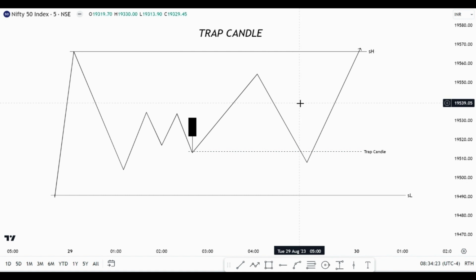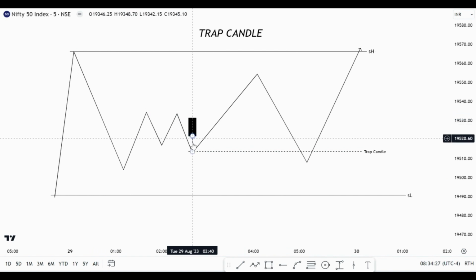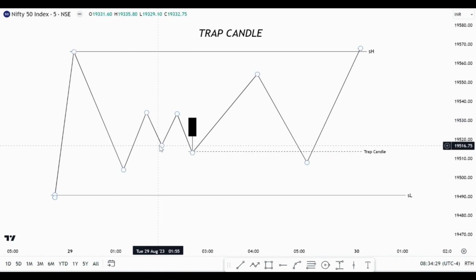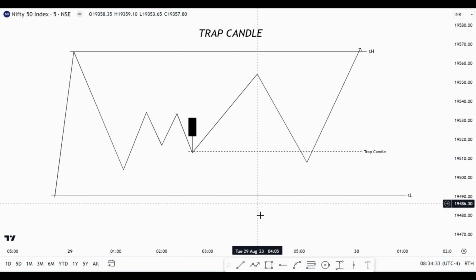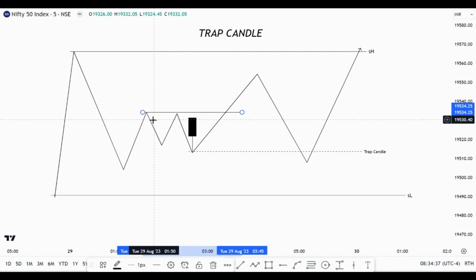So what is the trap candle model? We need the price to take out the weak buyer's stop loss first, and the price has to move above this internal swing high, which means you can see that the price will come and take the stop loss of this buyer with a big candle wick, right?